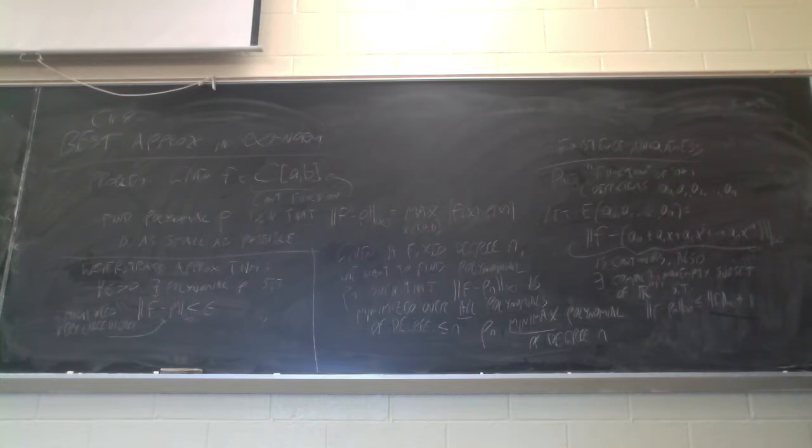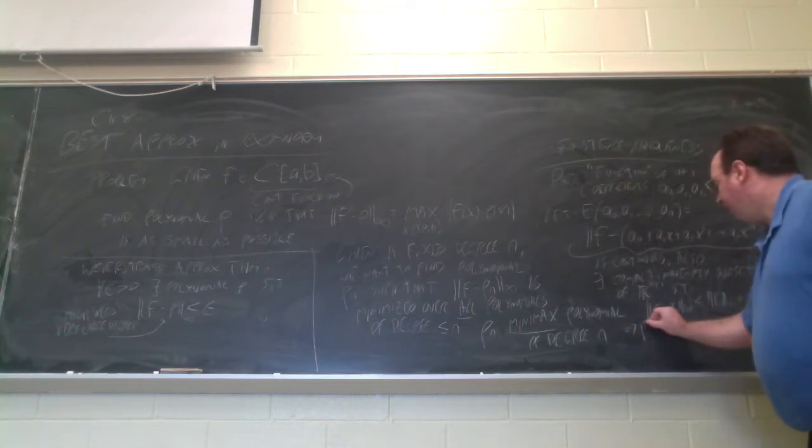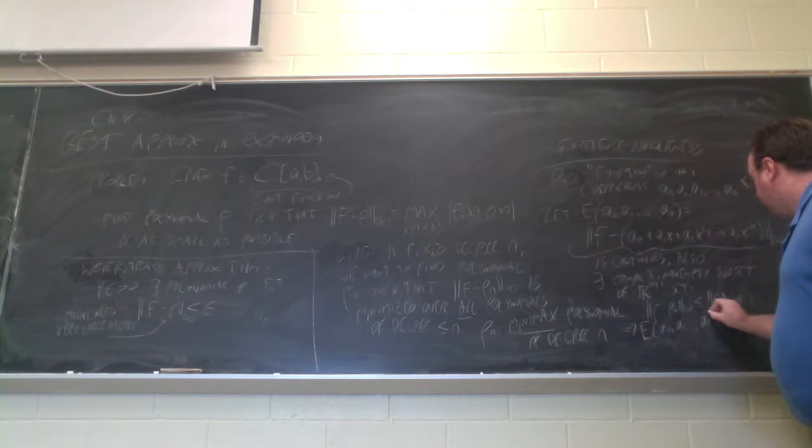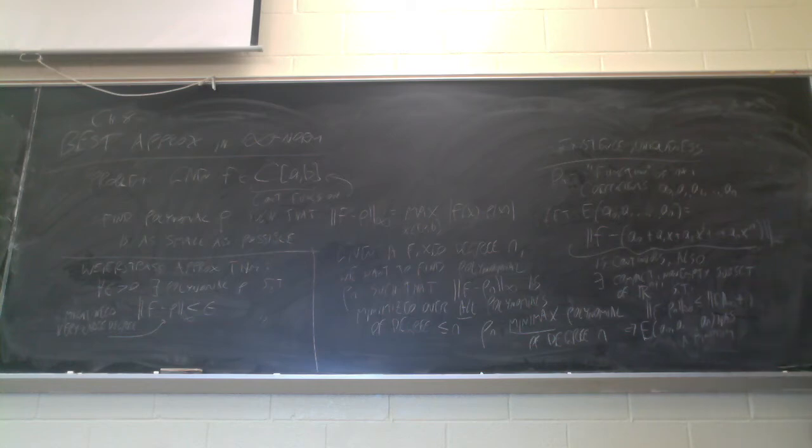And one thing we know about a continuous function defined on a compact set is that this function has a minimum. It's like you learn in Calculus 1. A continuous function on a closed interval has a minimum and a maximum.